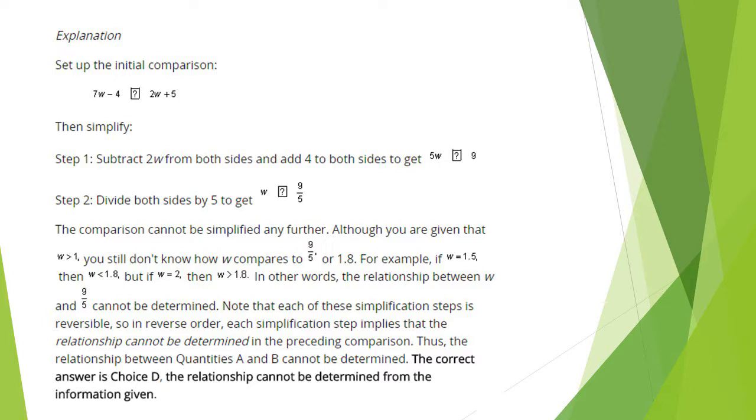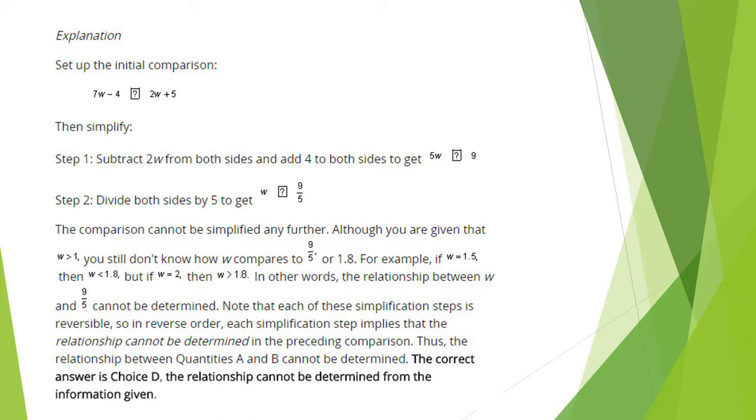Step 1. Subtract 2W from both sides and add 4 to both sides to get 5W is greater than, less than, or equal to 9. Step 2. Divide both sides by 5 to get W is greater than, less than, or equal to 9 over 5.